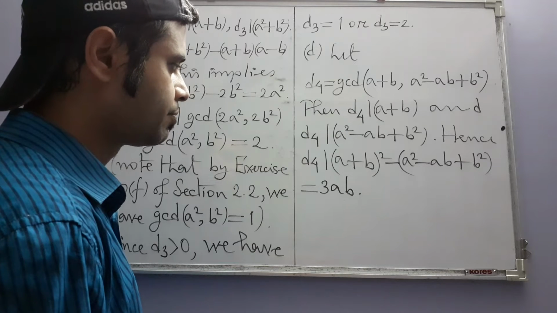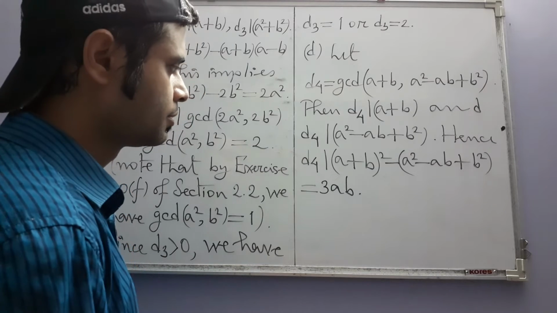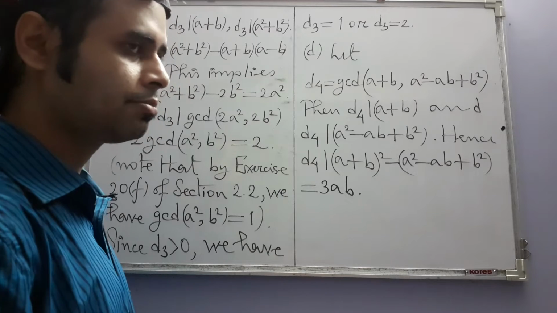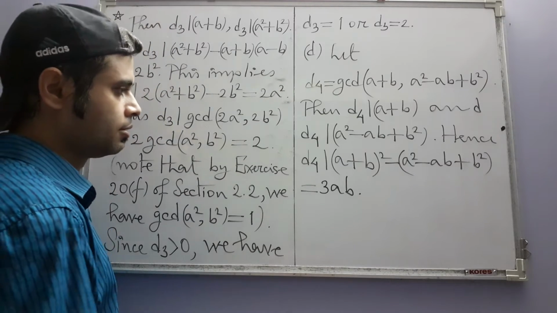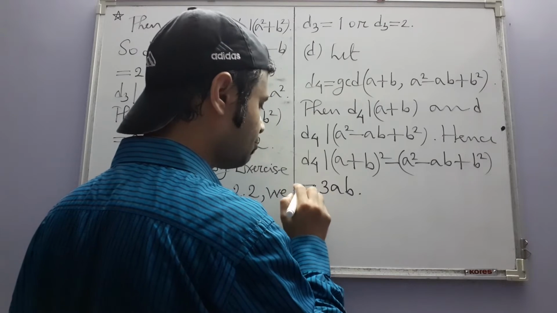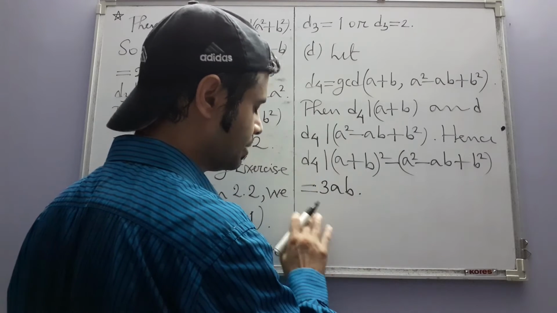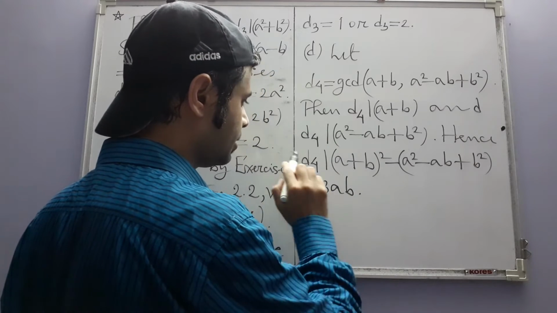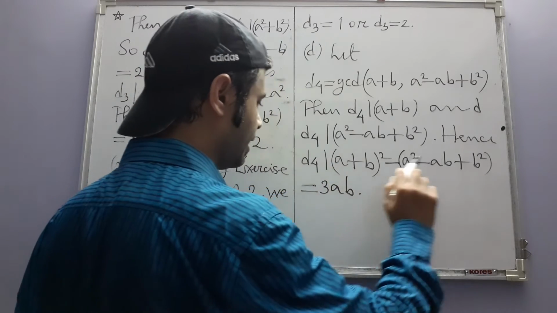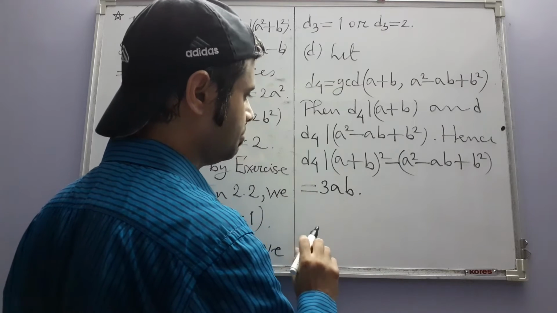There are some things which perhaps I should mention here. Using this type of symbols somewhat casually can lead to some types of confusion. Although from the context we can figure out what the thing ultimately means, still, here what we have written is D4 divides this, and then we continue with this equality equal to 3ab.